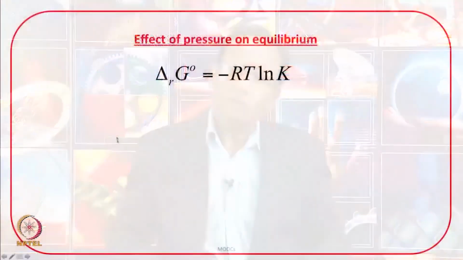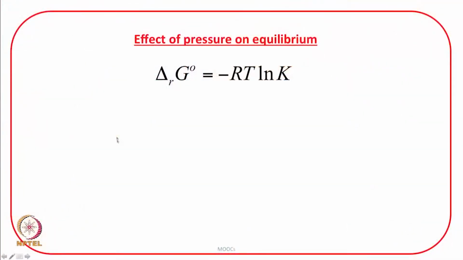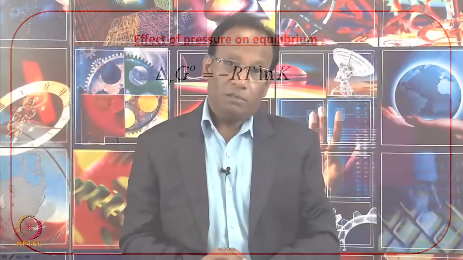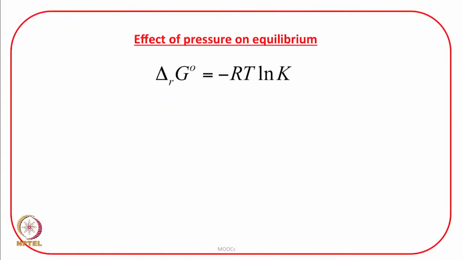Now, let us talk about the effect of pressure. We can appreciate the effect of pressure on the value of the equilibrium constant by looking at an expression or relationship between delta G naught and K. Let us take a look at the slide. Delta G naught is equal to minus RT log K. The left hand side of the equation is delta R G naught.